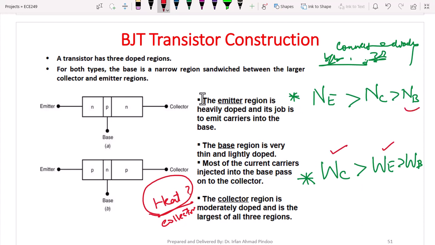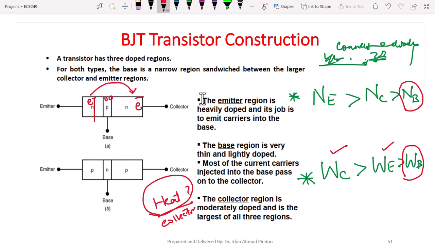Then why is it that the base must be very lightly doped, and why must it have the smallest area? The reason is because once we are having electrons here, these electrons want to reach the collector. Before that they have to pass through the region of base also. And in base, if suppose we have more doping, then what will happen?